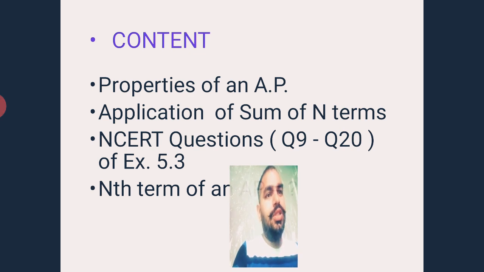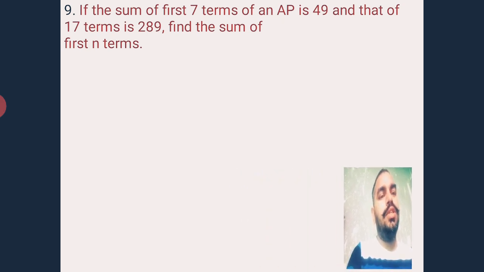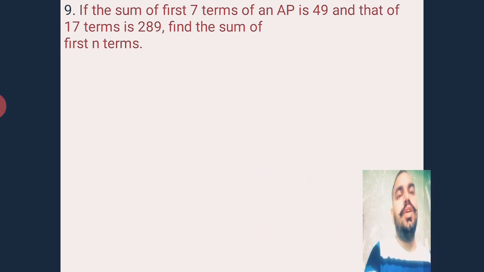So let us do the first question. If the sum of first 7 terms of an AP is 49 and that of 17 terms is 289, find the sum of first n terms.